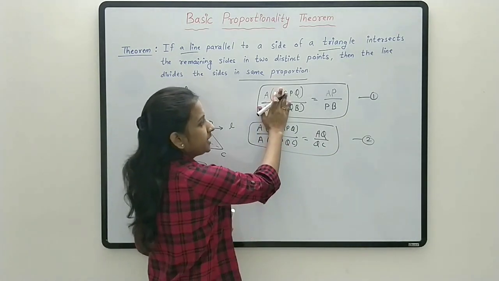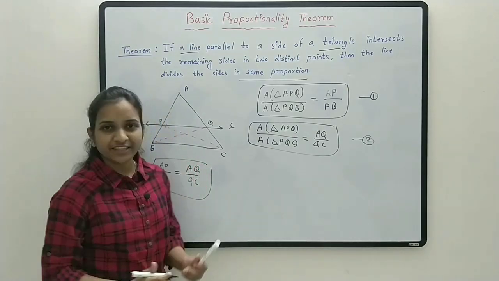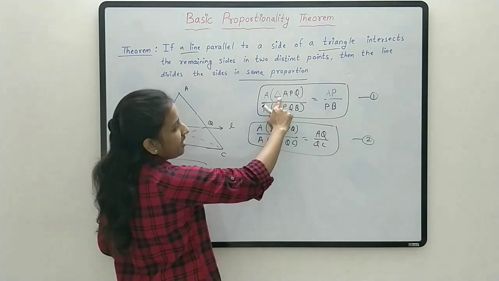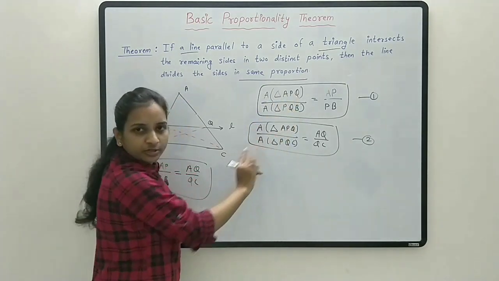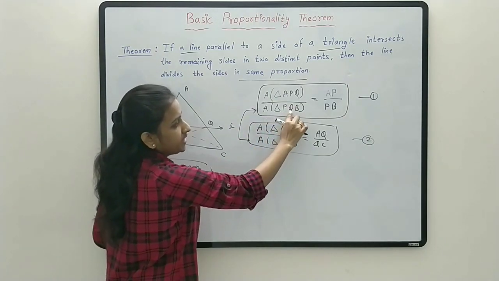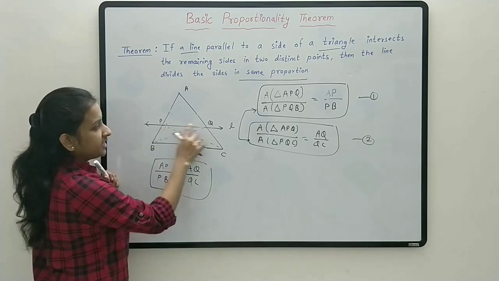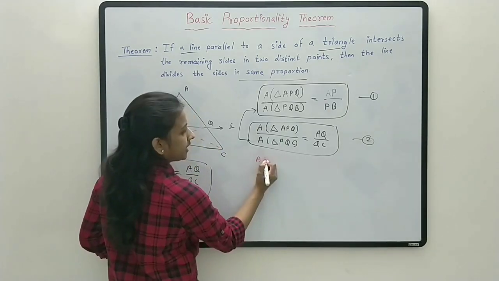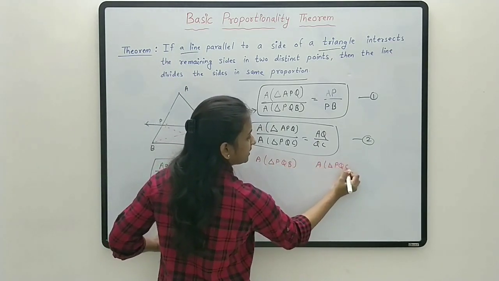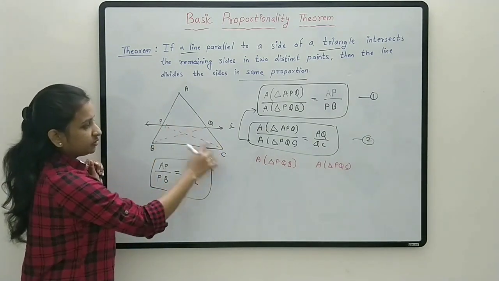Now we just have to equate the LHS part. Then we can say this is equal, and our theorem is proved. Now, how to equate this? See, area of triangle APQ, area of triangle APQ, the numerator is equal. Now we equate the denominators, triangle PQB and triangle PQC.